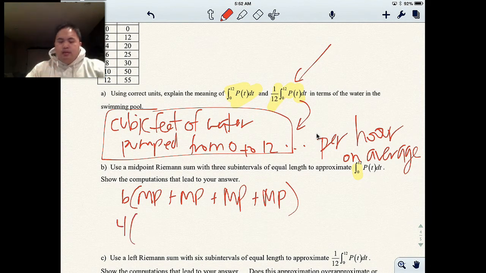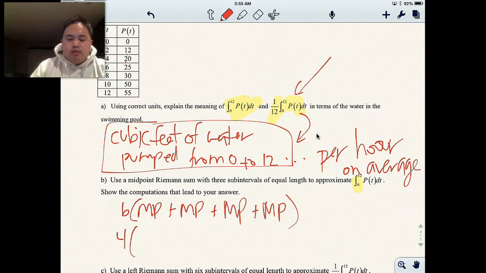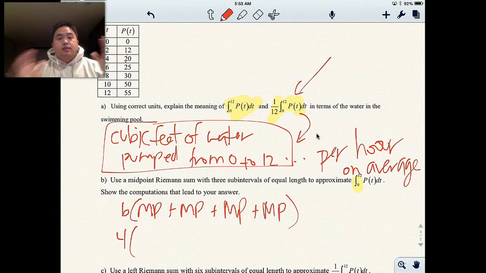For those of you that are visual learners, there's not going to be time to graph it, but let me show you how this looks. Basically I'm going to have this particular function, divided into rectangles. If you have 12 and it's divided by 3, you know you have a length of 4.